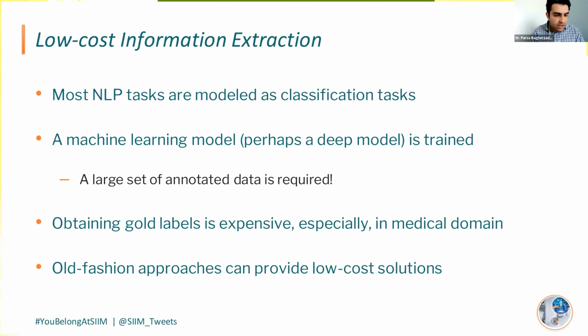But the point is, in the medical domain, it is really expensive to obtain the gold labels, because these samples need to be labeled by highly trained experts. So the solution to this can be seen in more old-fashioned approaches, as well as new types of approaches. So here we are trying to marry old-fashioned approaches and new approaches.